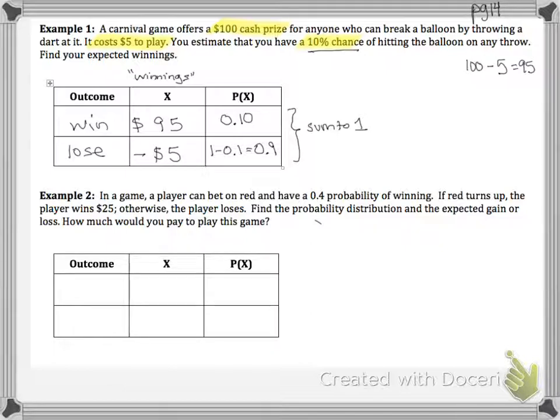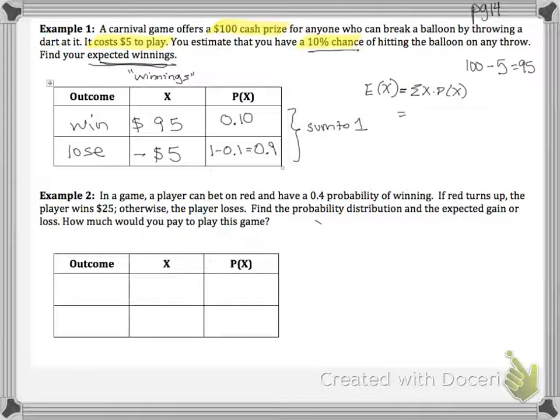So in order to find the expected value, if you guys remember from the notes, we take each of the values and we multiply x times p of x and then add them together. So I'm going to go ahead and write that next to this. It says find your expected winnings, which means what to expect.